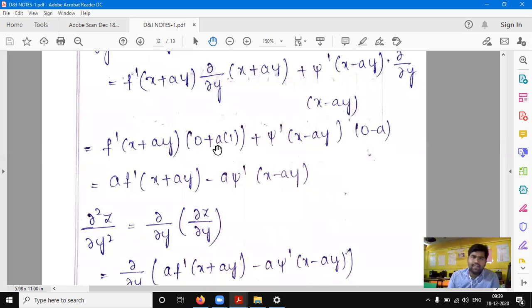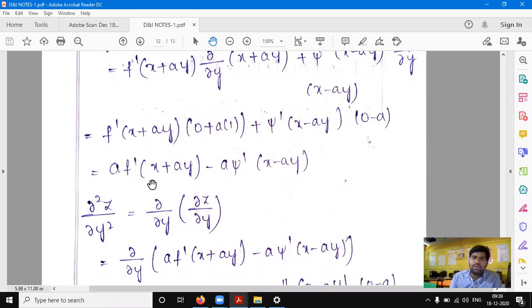So it is 0 plus a, which is a. This becomes a times f dash of x plus ay minus a times psi dash of x minus ay.